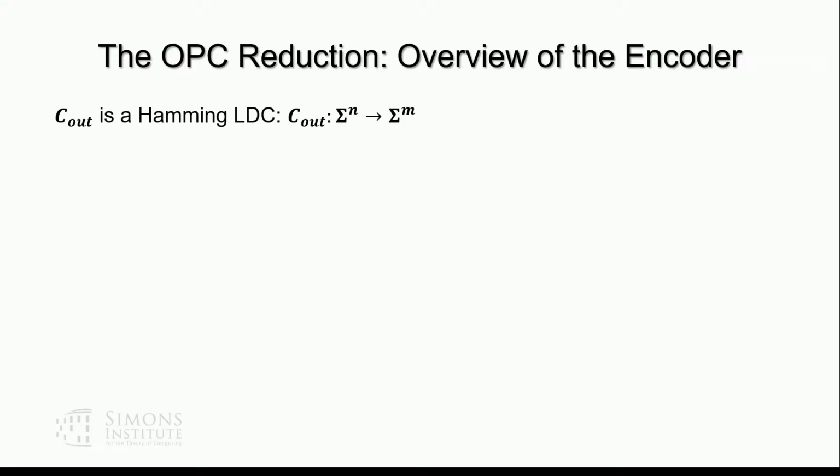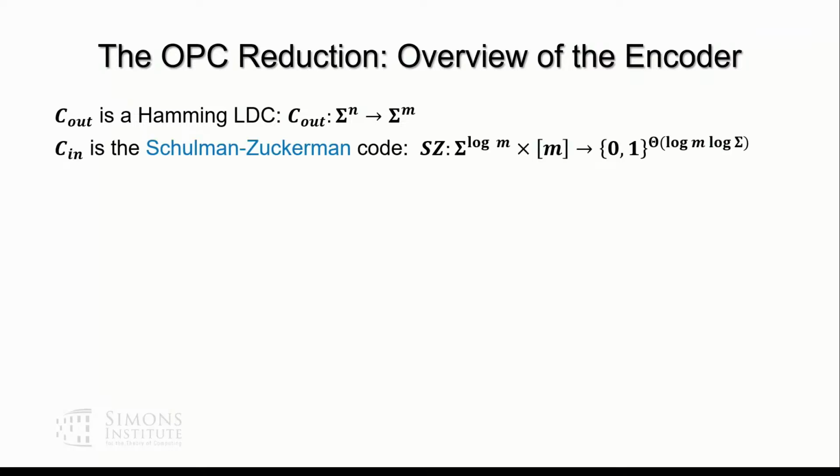This is going to be a very high level overview. The reduction is perhaps something you would expect. It's a concatenation. We have an outer code, which is a Hamming LDC. This code is going to be able to decode each bit if Hamming errors occur.